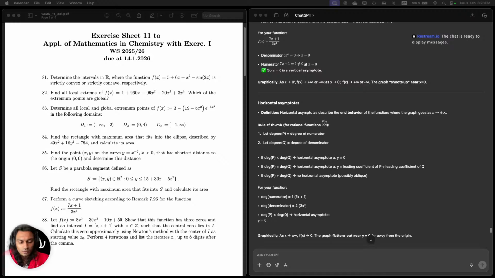Okay, if e of n is less than e of d, then the asymptote is at y equals 0, the origin. e of n equals e of d.